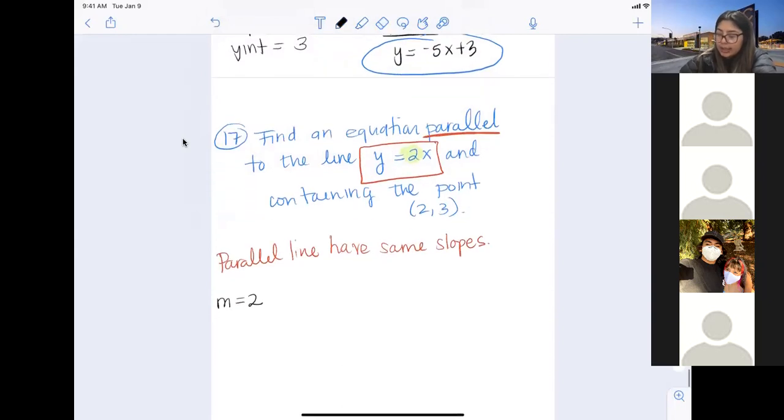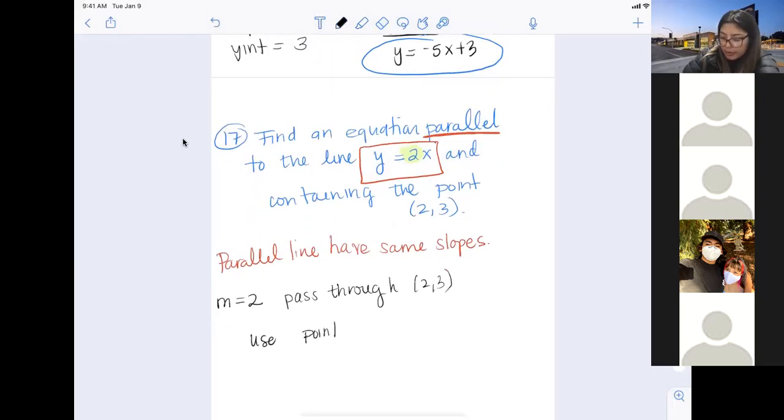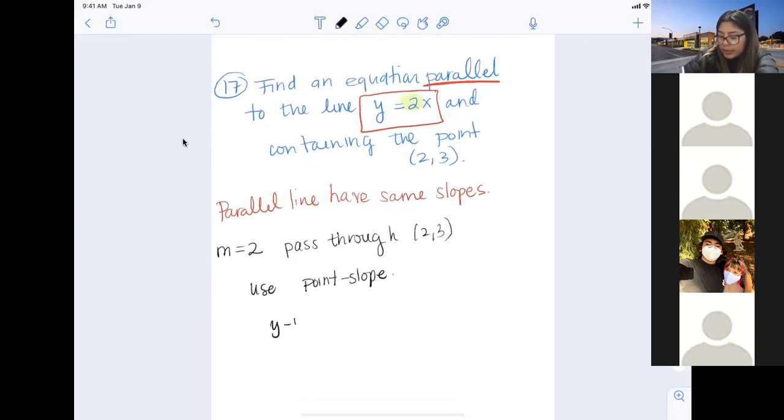But it's asking us to pass through the point 2, 3. So I have to use the point-slope form first. That's going to be y minus y1 equals m times x minus x1. This is x1, this is y1. Plug it in: y minus 3 equals 2 times x minus 2.